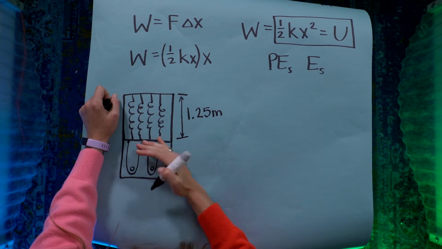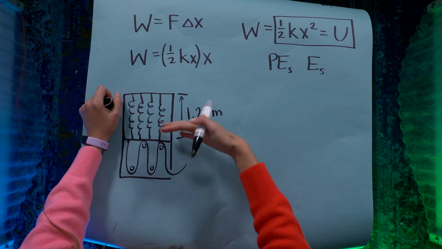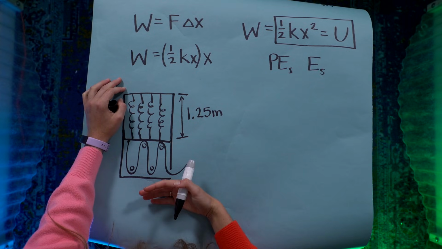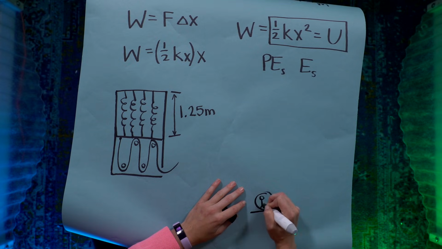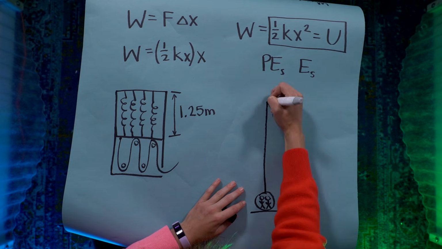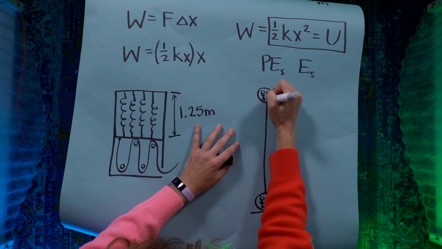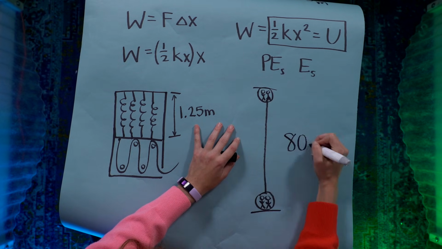The steel cable is attached to a bunch of pulleys so the springs don't have to stretch all the way to the ground. The springs get stretched only about 1.25 meters. And the humans then get launched to a typical altitude of 80 meters. Ugh. So here they are starting at the ground. Here's my people. They get launched up to this height of 80 meters.